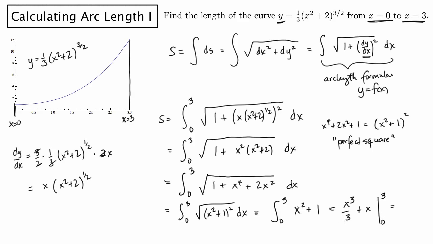Evaluating the 3 in here, that'll give us 9 plus 3, which is 12. So the length of this curve is 12 units. Now, units is a general term. We could be talking about length in meters or centimeters if we were doing an applied problem, but just 12 units of length in this particular example.